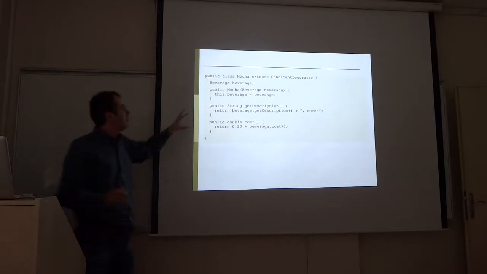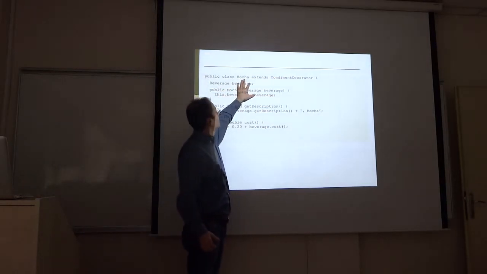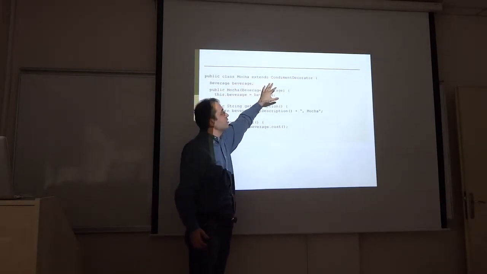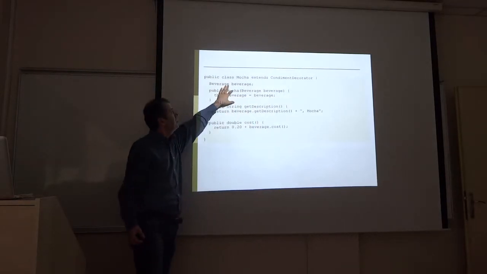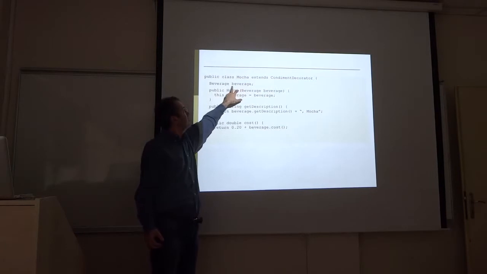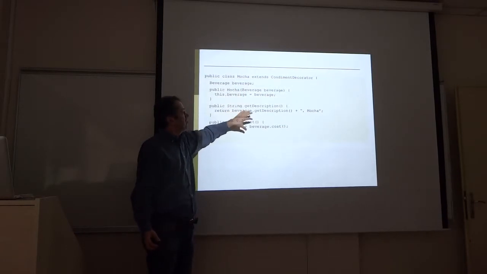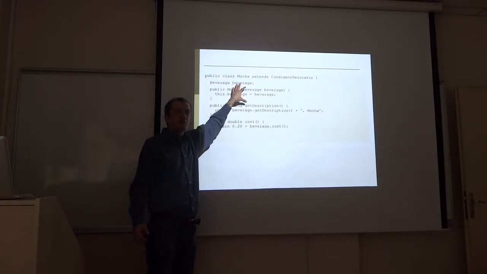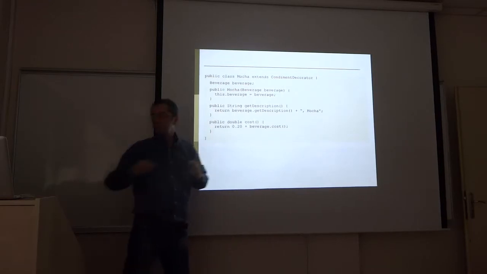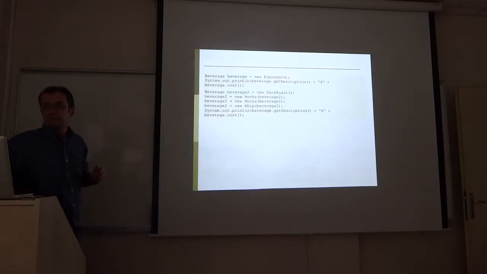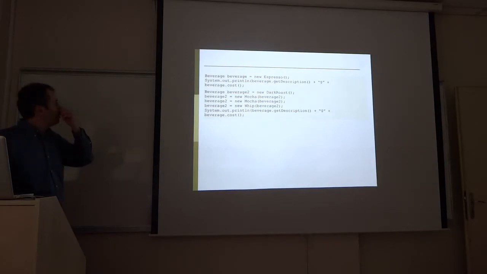But when I create a mocha, this is extending the condiment decorator, and in that case, it has this beverage here. So when I create a mocha, I need to be supplying mocha a beverage. So this is how it's being used.